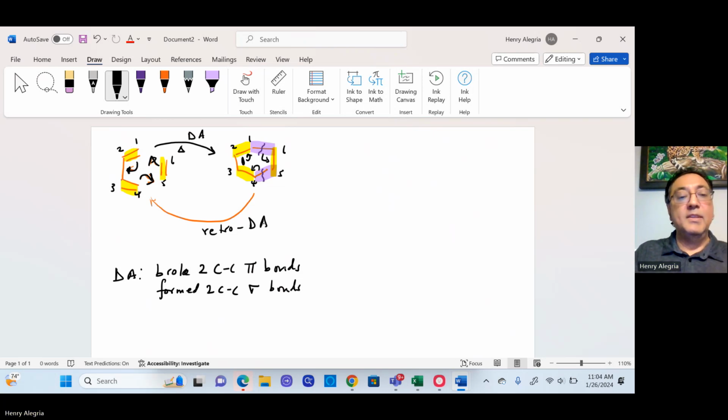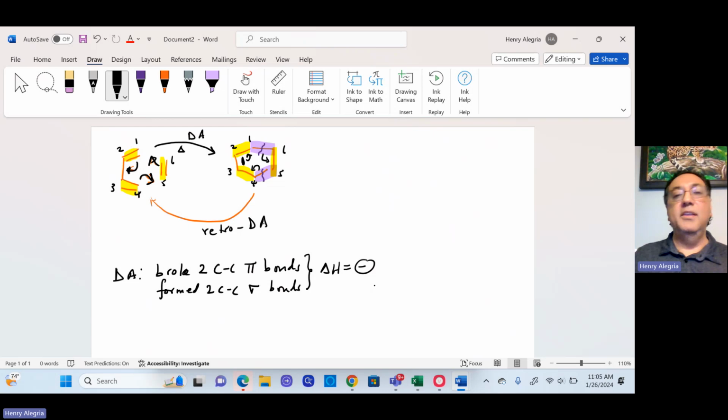I'll repeat that. Since sigma bonds are stronger and pi bonds are weaker, the energy it took to break the 2 carbon-to-carbon pi bonds is less than the energy given off to form 2 carbon-to-carbon sigma bonds. So the net effect here is that in the Diels-Alder, the delta H is going to be negative.